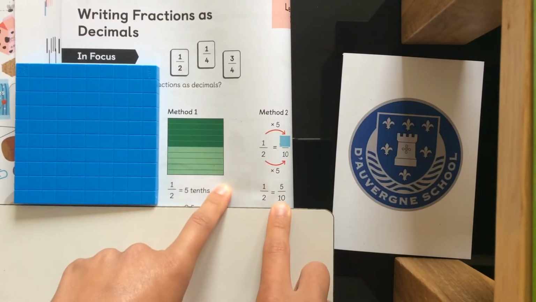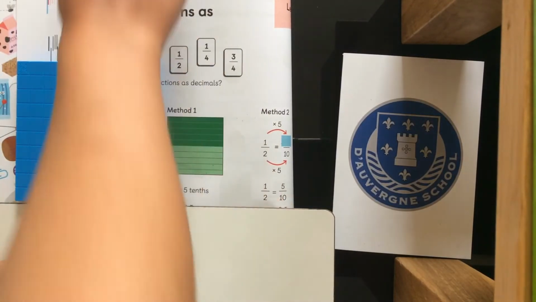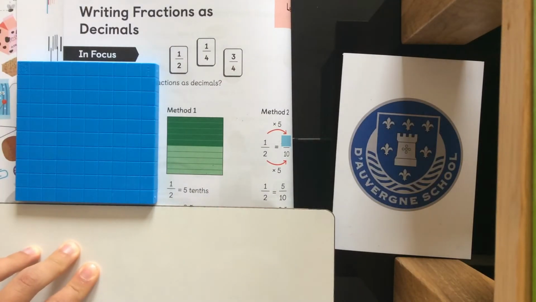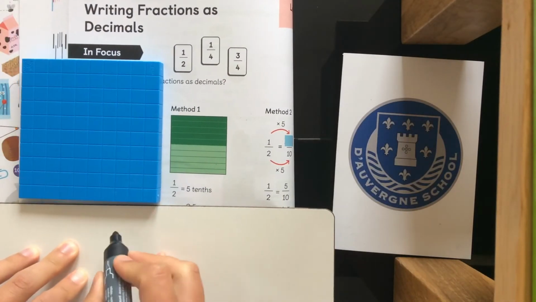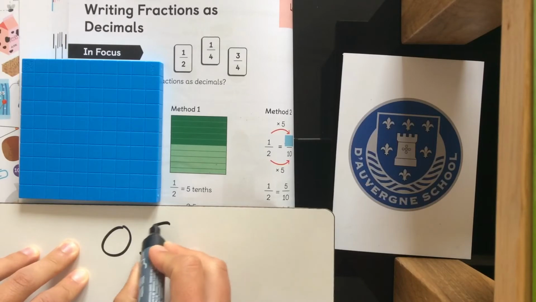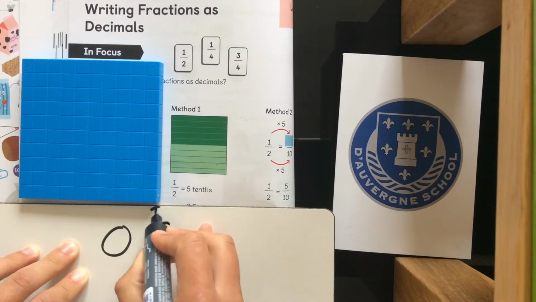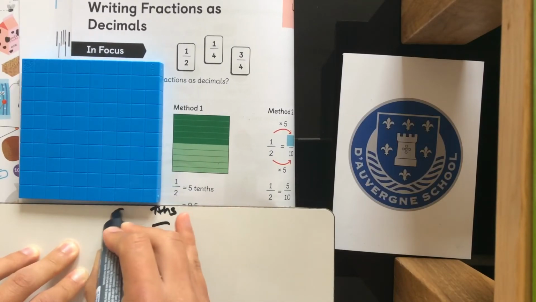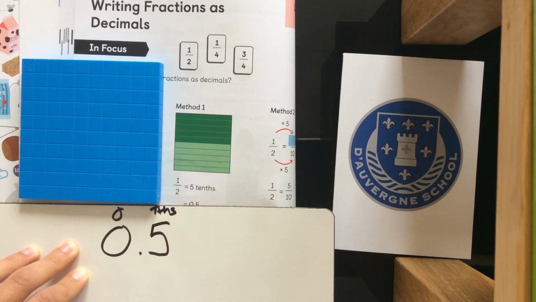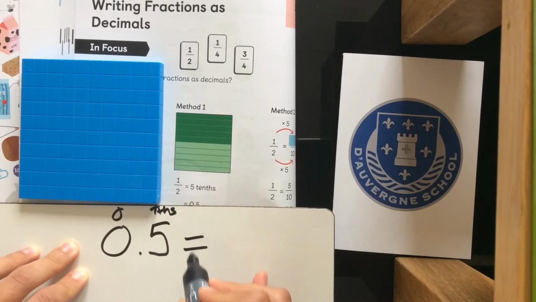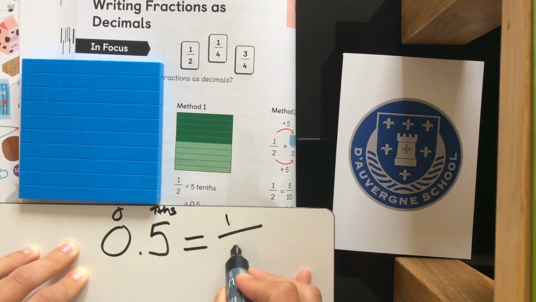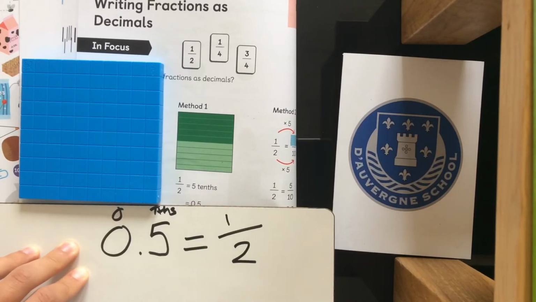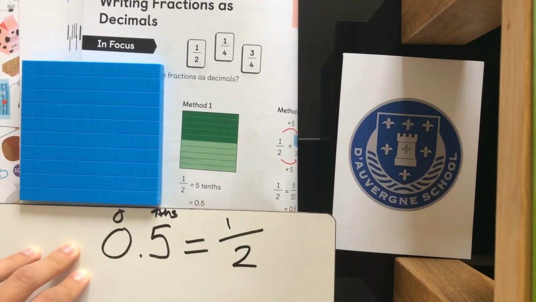How do we write 5 tenths as a decimal? 5 tenths is written as 0.5, knowing that this is our tenths column and this is our ones. So 0.5 is equal to a half, as we can see explained there.